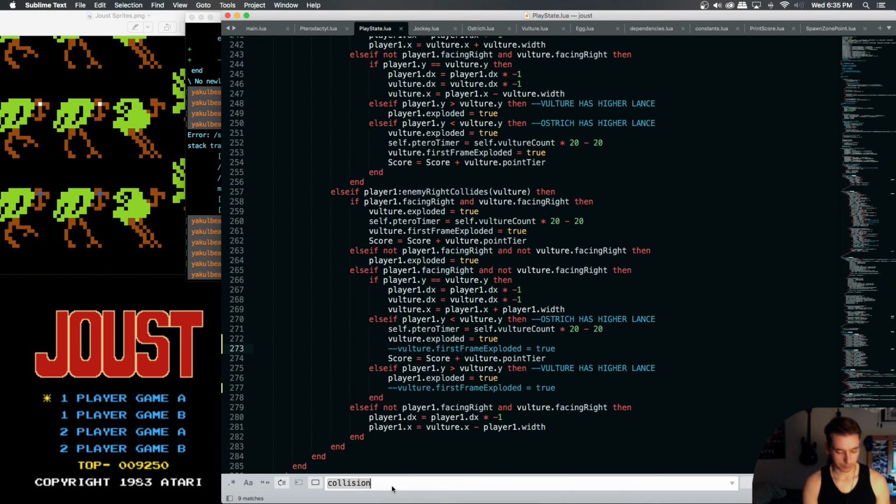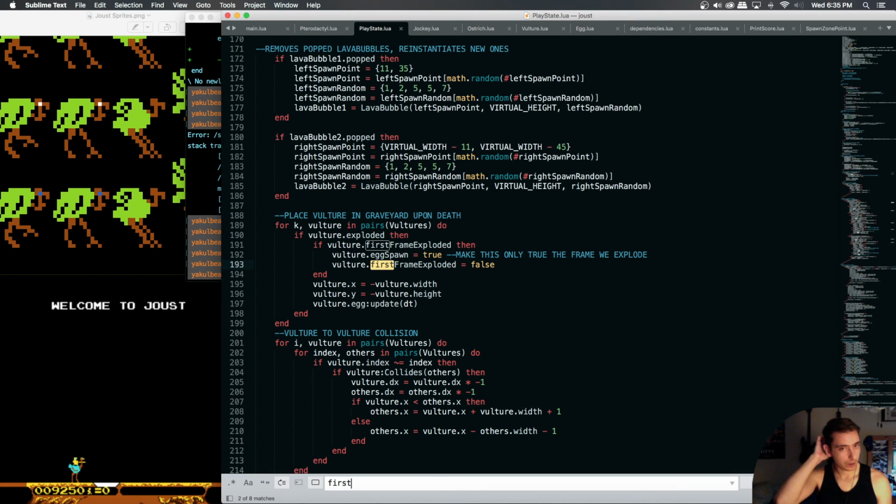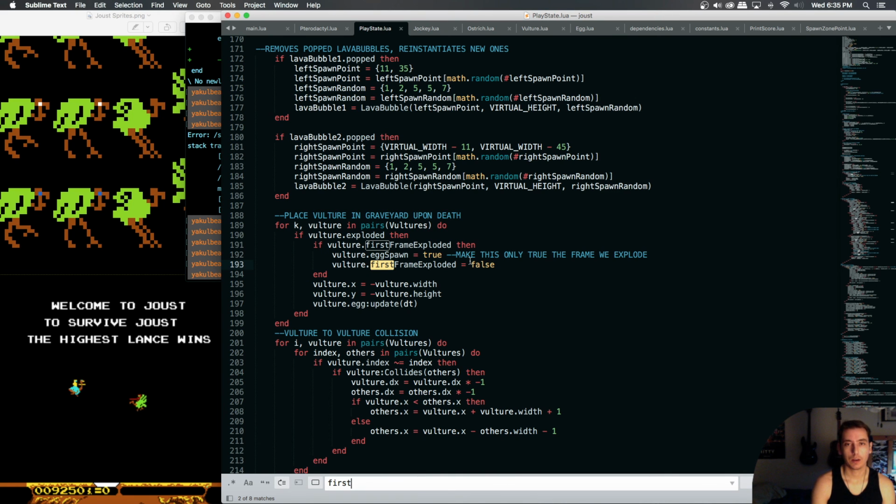Where do we use that first frame exploded? That's a terrible name for that. It's really just to spawn an egg, and only one egg. We're setting it to false right away after we spawn the egg. So if we turn that off, we won't spawn an egg.